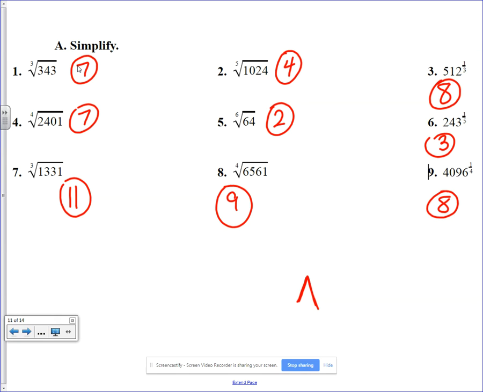You should be able to handle all of those. When I'm done, you can.